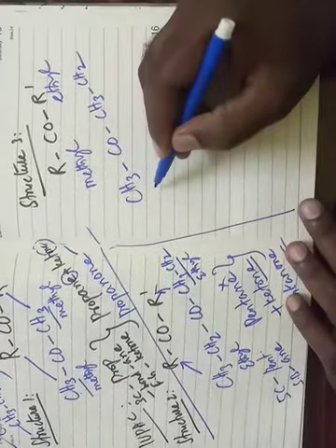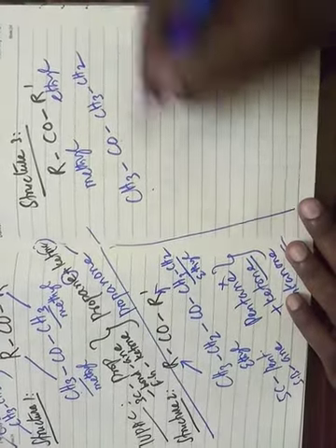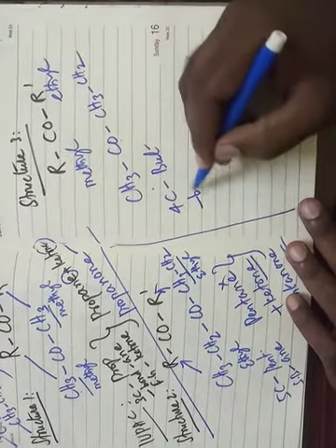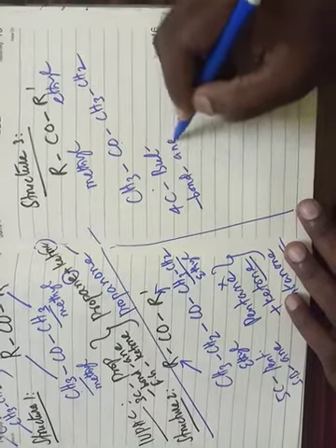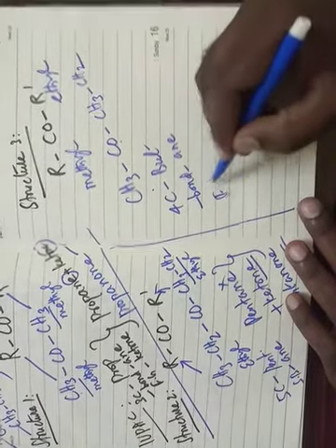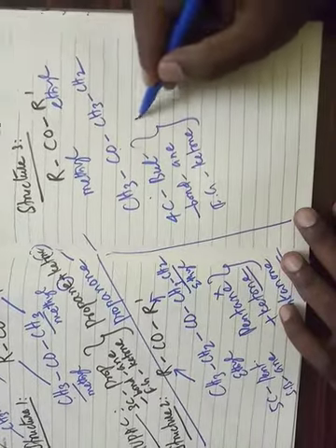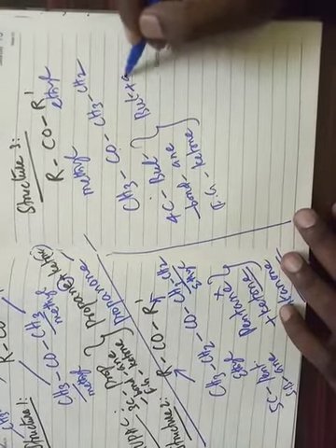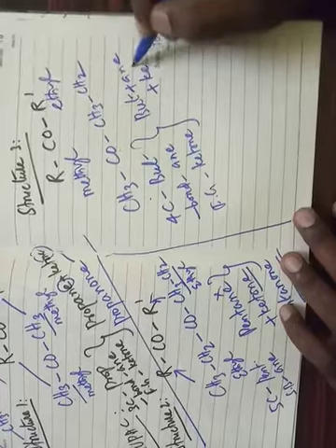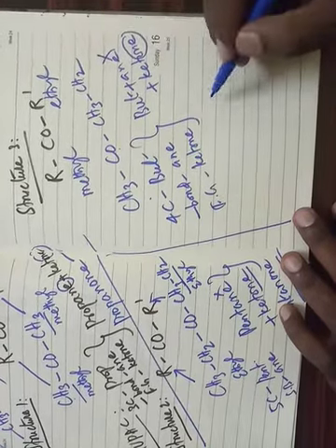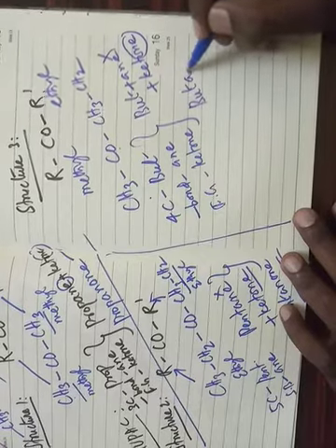Now the third structure, 1, 2, 3, 4. So 4 carbons, but. Single bond, so ane. Functional group, ketone. So let us combine all these things. Butane plus ketone. Use this ONE, drop this E, then combine all.